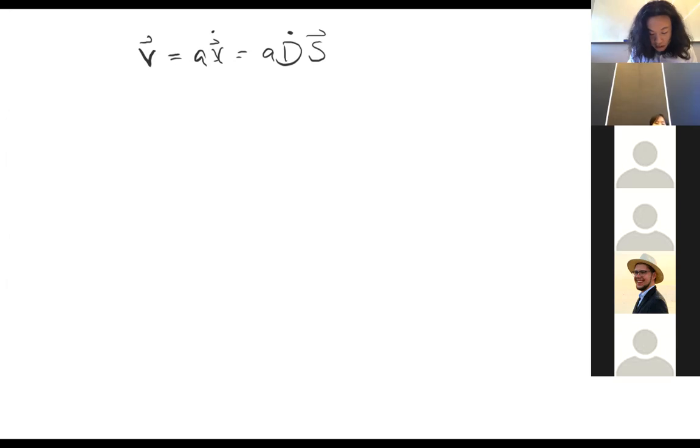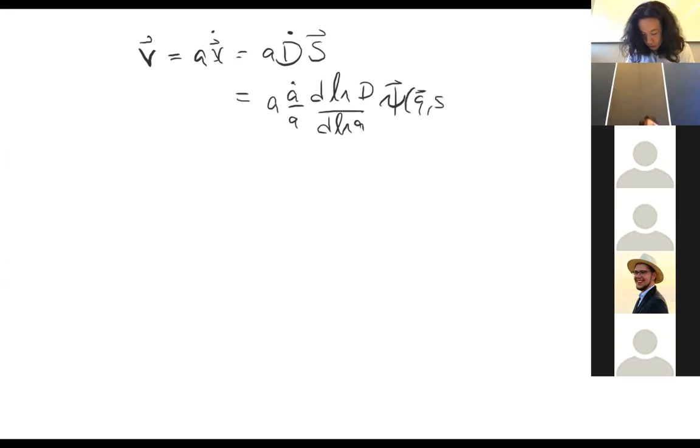If you rewrite this as a times a dot on a, d log D, d log a, psi of q, not S. That's nothing fancy. I just added an extra D and an extra a to get this d log a term. The first one is a times H, or the conformal Hubble rate, times this d log D over d log a, which I'll redefine as f, and it depends on omega of matter, times psi of q and t.